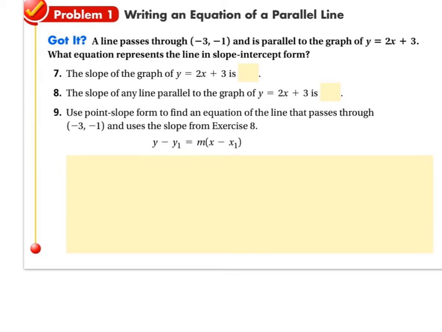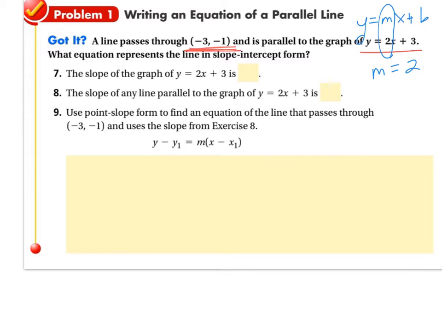In problem 1, we want to create a line that passes through (-3, -1) and is parallel to the line that uses the equation y equals 2x plus 3. Well, y equals 2x plus 3 is a line in slope-intercept form. So we realize from this that our slope is 2.